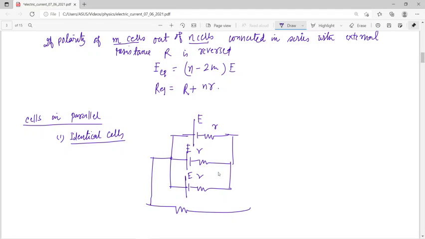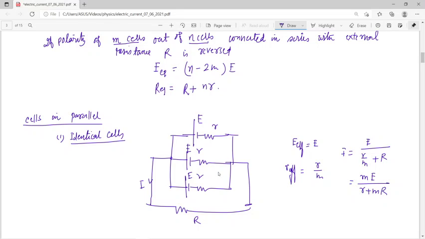There is an external resistance connected like that, and the current is passing through it. Since it is a parallel connection, E effective is nothing but E, and r effective is nothing but r by m. So the current is the total EMF by the total resistance, that is r by m plus R. If you solve it, you get E by R plus r by m, which is the current when we are connecting identical cells in parallel.